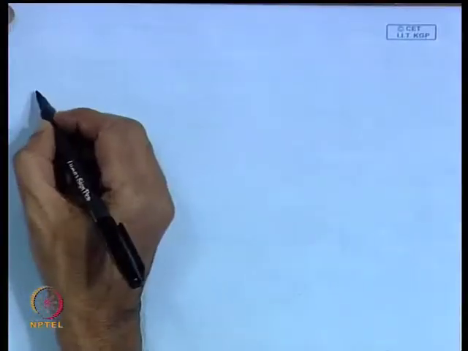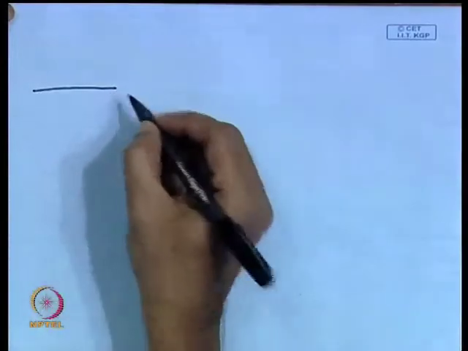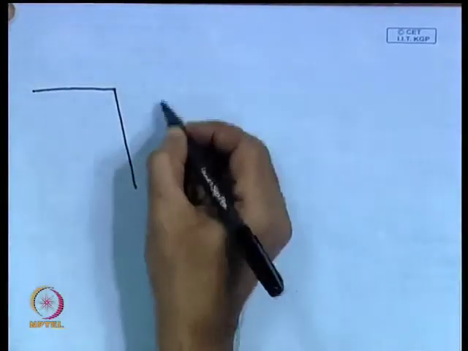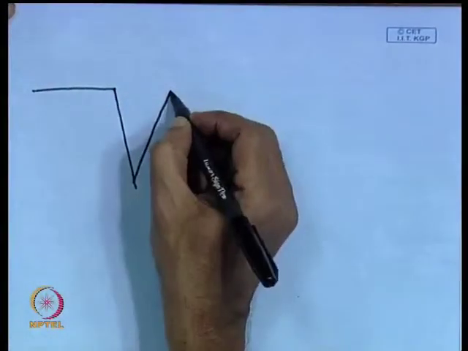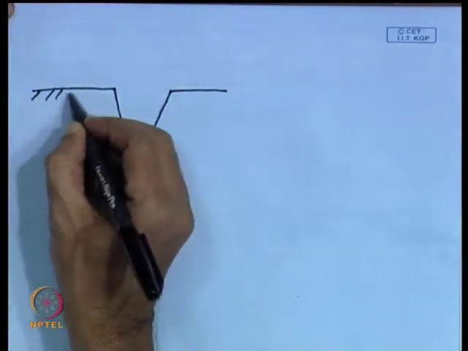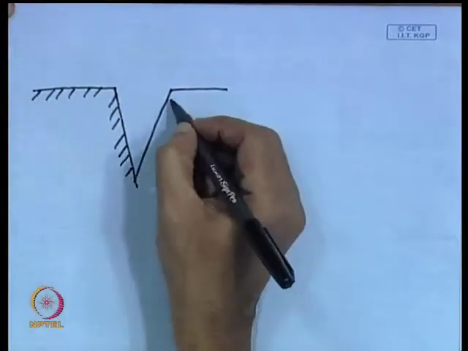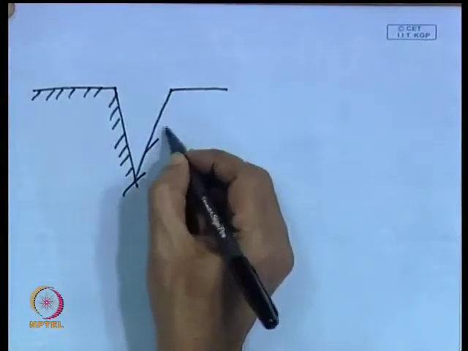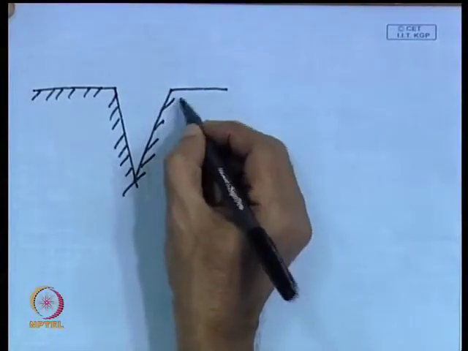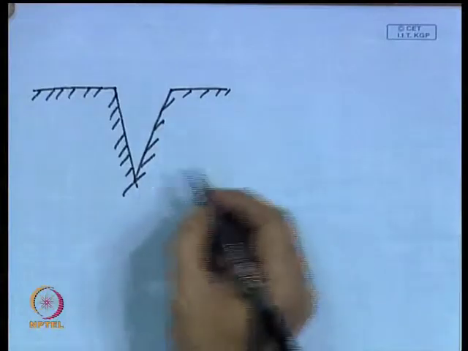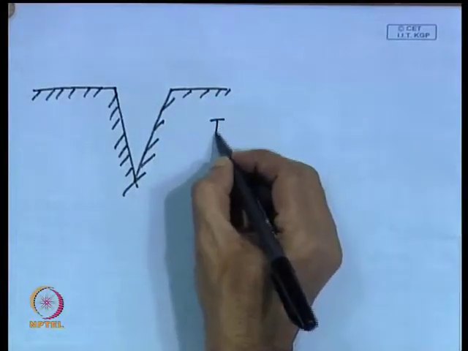So, in this connection, in our last class we have described heterogeneous nucleation, and we have discussed that the cavities in a solid surface can be idealized as a conical hole. This is some sort of a conical hole, and this has a temperature T wall.